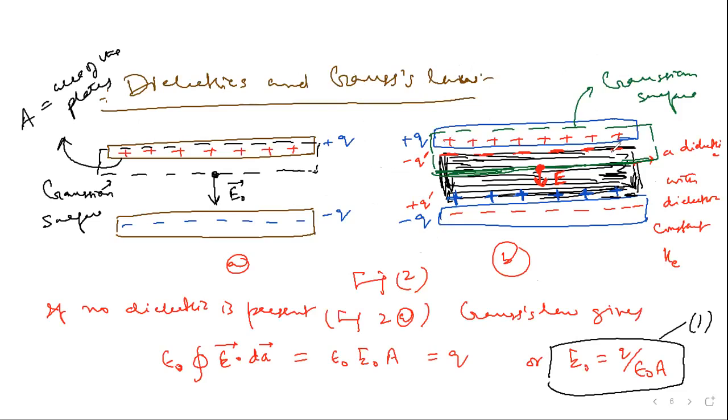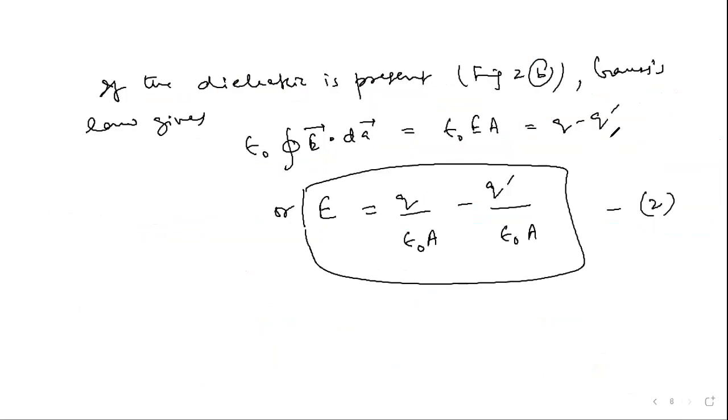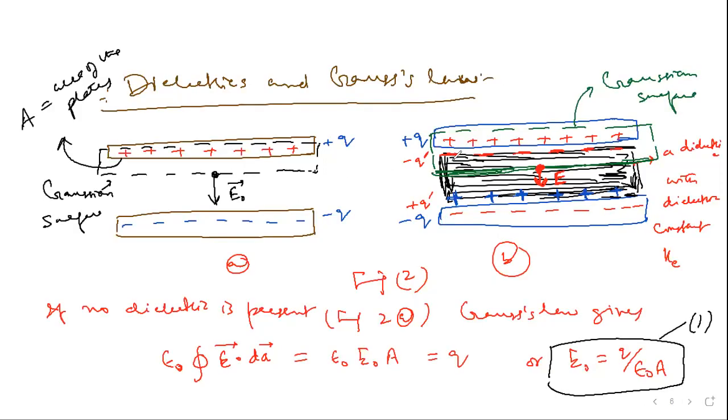And the net charge inside this Gaussian surface is Q minus Q prime. I have enclosed the negatively charged surface of the dielectric as well within the Gaussian surface, right?